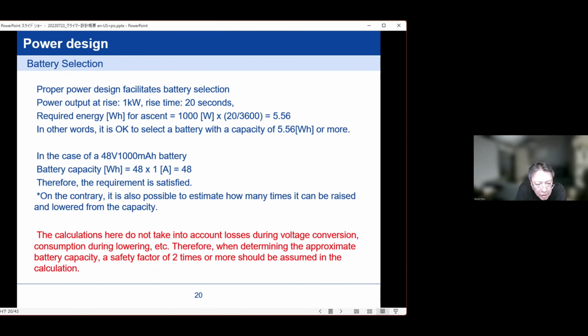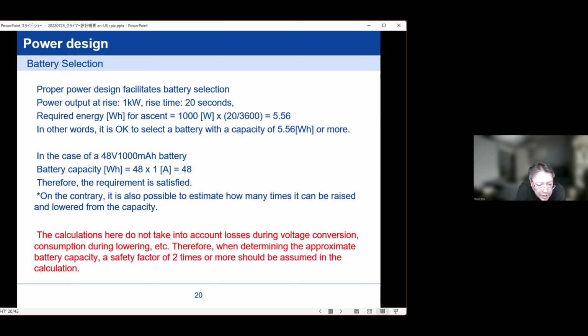So let's say you bring a 48 volt, 1000 watt-hour battery. The battery capacity is going to be 48 watt-hours, so we can confirm that it will meet our requirements.